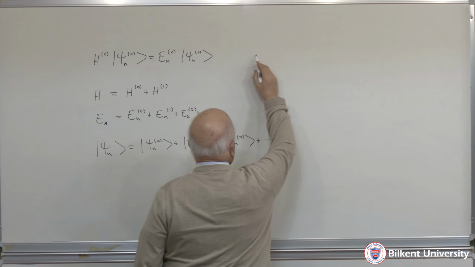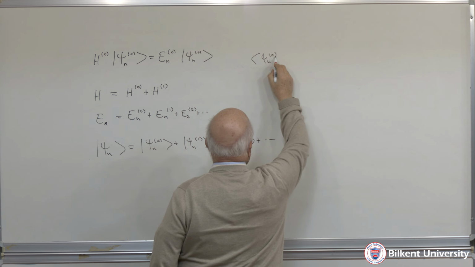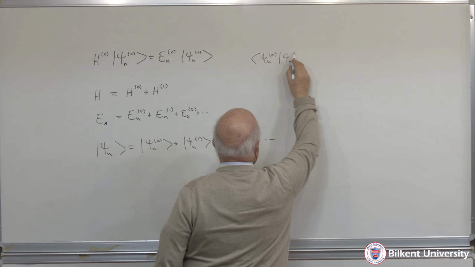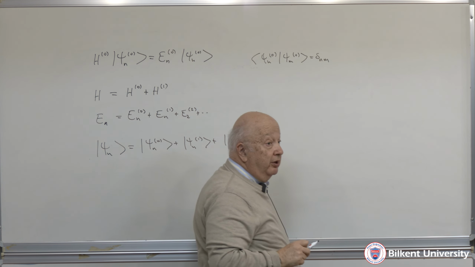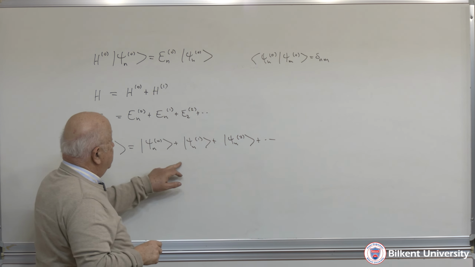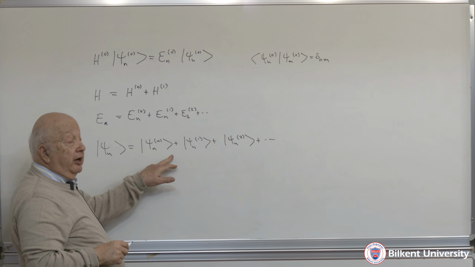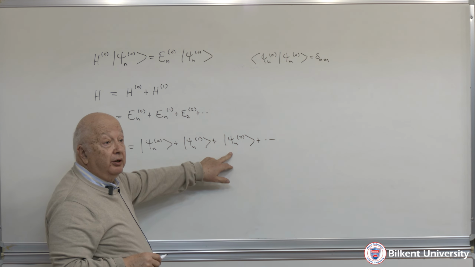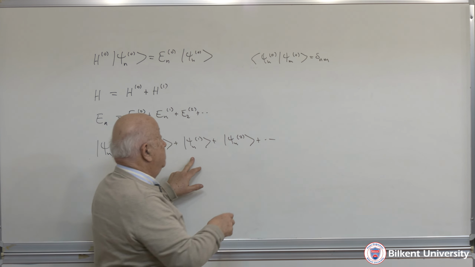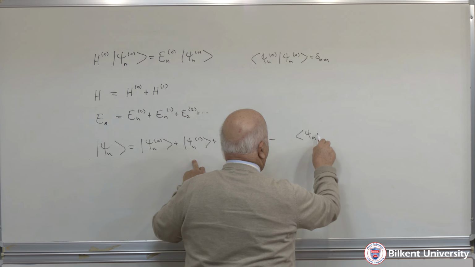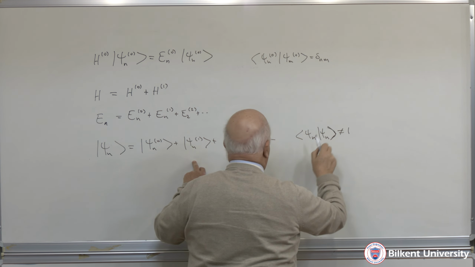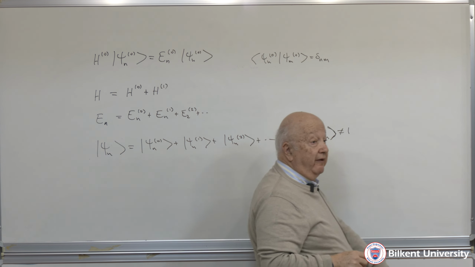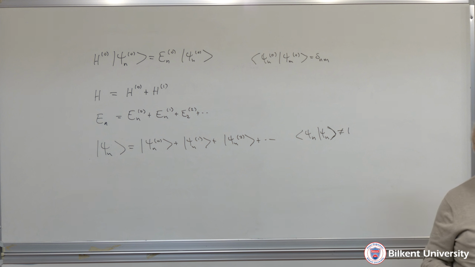These psi n zeros are orthonormal, so they are properly normalized. But when I write my solution like this, this is normalized, and I'm adding extra terms to it. So in general, this psi n is not normalized. When you are evaluating averages with respect to this wave function, you have to divide by the psi n inner product.